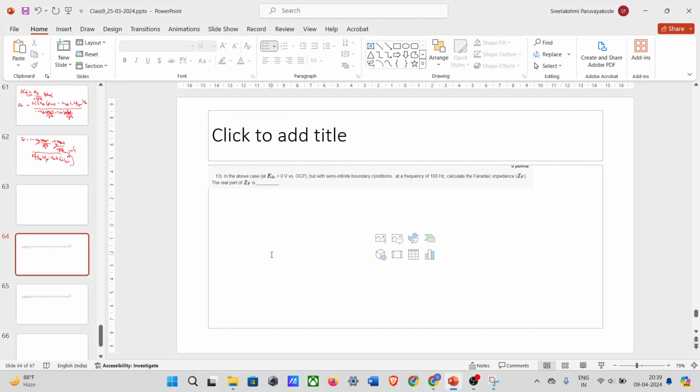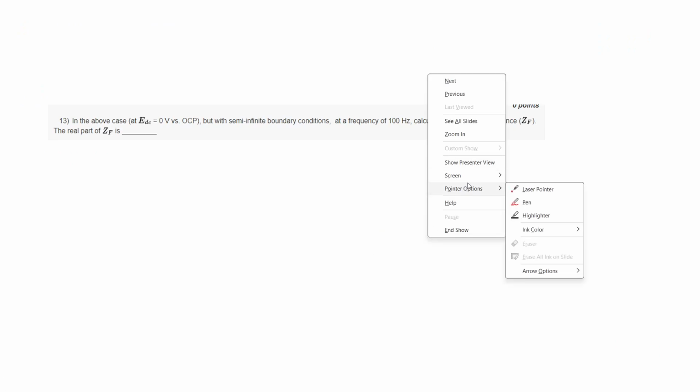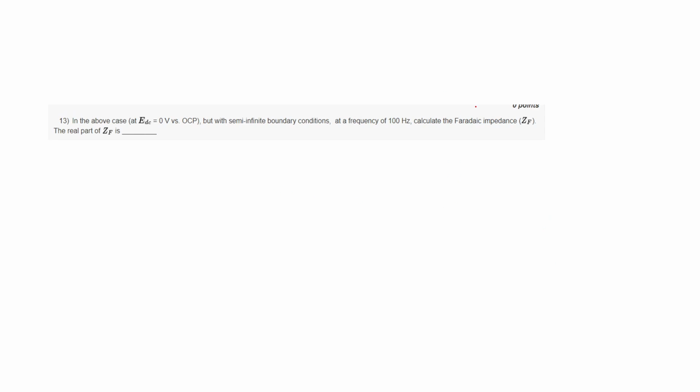So when I'm solving, for the real part, I got the values around 0.514 ohm centimeter square.